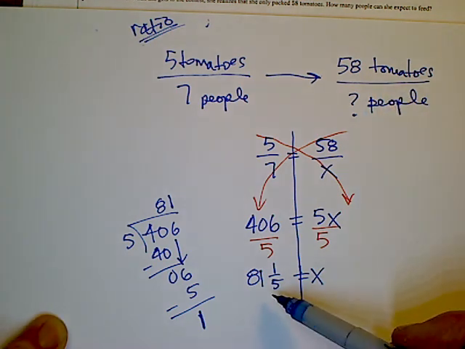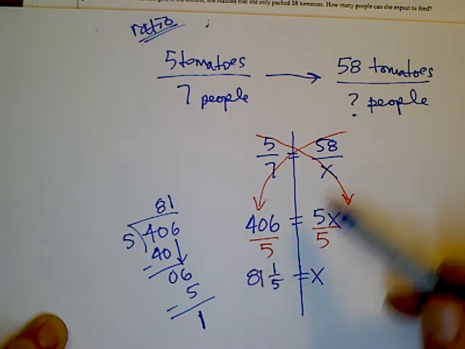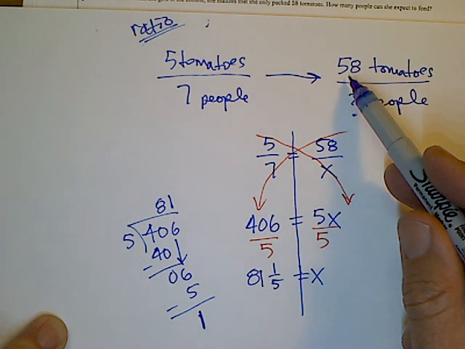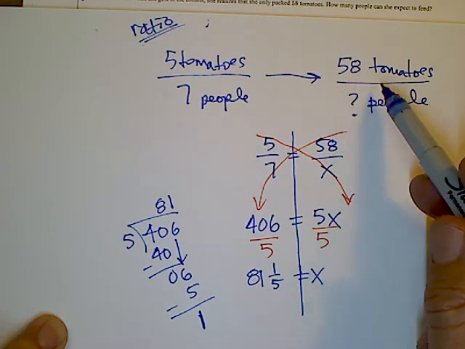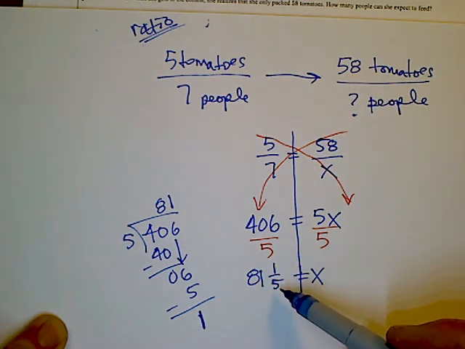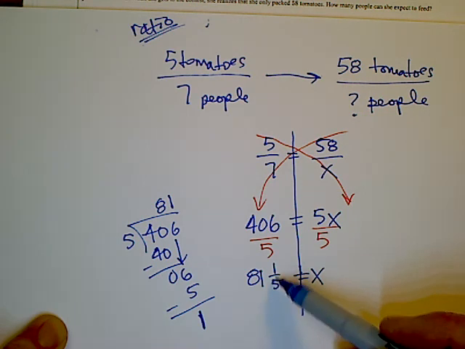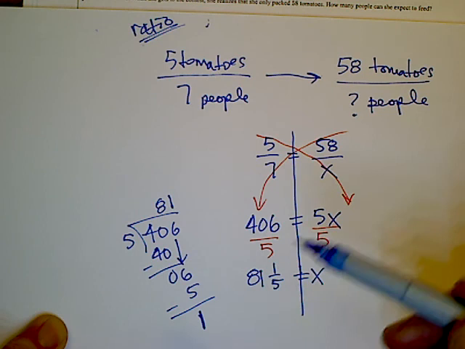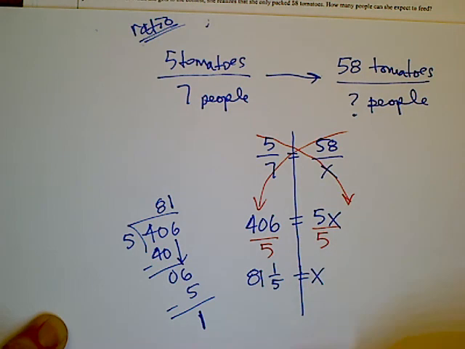So if I'm looking at that being people, with 58 tomatoes, how many people would that be? In this case, I'm not going to round up because I can only make enough chili with those 58 tomatoes for 81 and a fifth of a person. So not enough as a whole, and I wouldn't round up. Because I'm talking about people and how much I have to feed them, I'm going to round down.